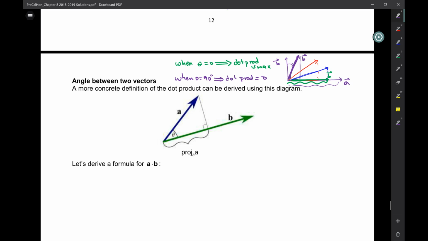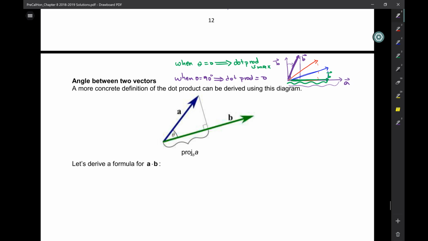So now here's the question for you. We're talking about theta. Theta lends itself to sine, cosine, tangent, right? Which one of those fits this description, that when theta is 0, it's a maximum, and when theta is 90, it's 0?